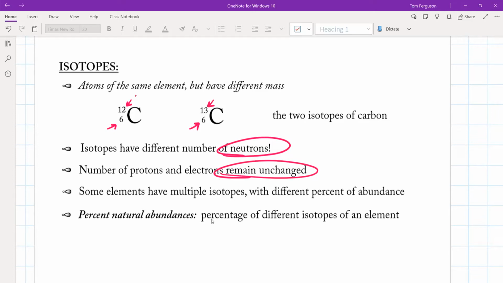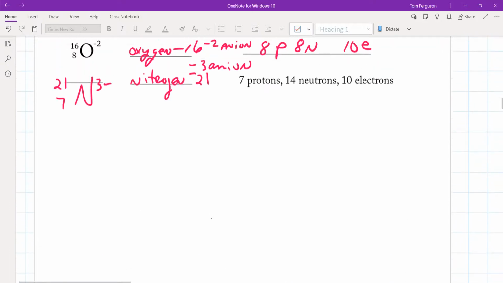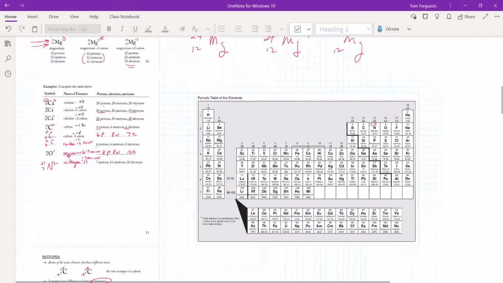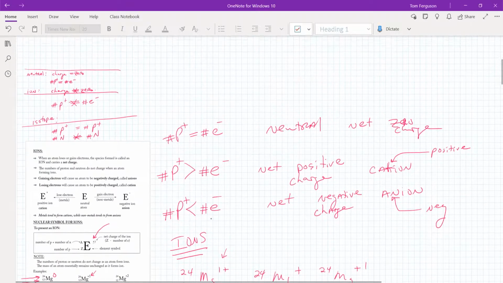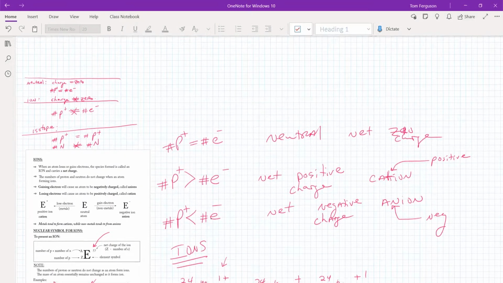Okay, so now we have these three situations: a neutral atom, a positively charged atom, and a negatively charged atom, or ions.